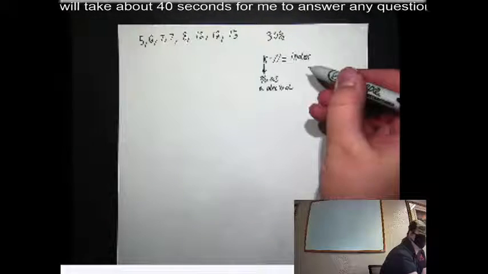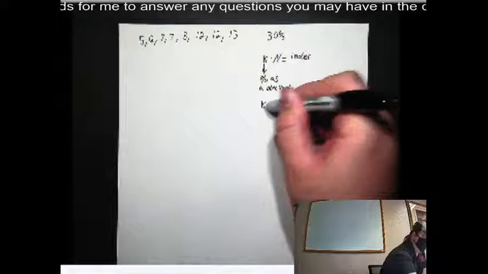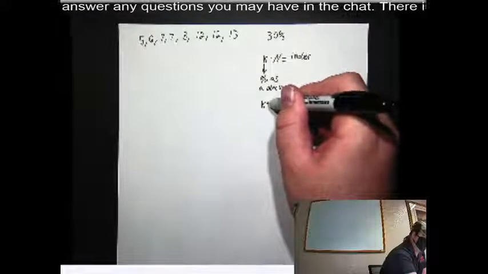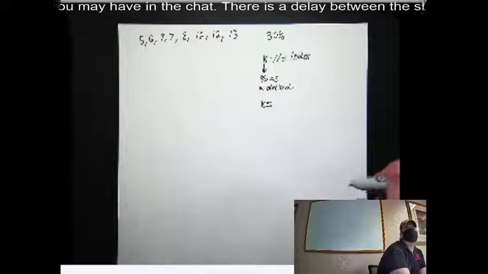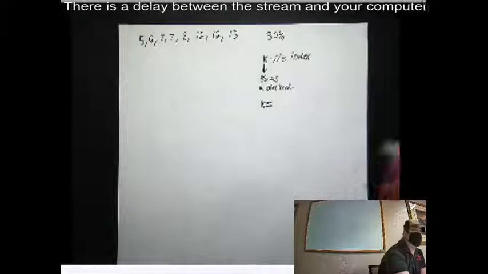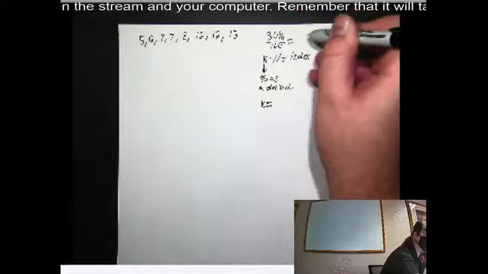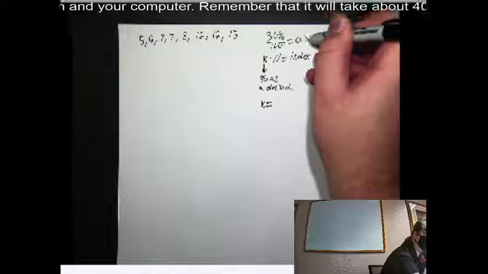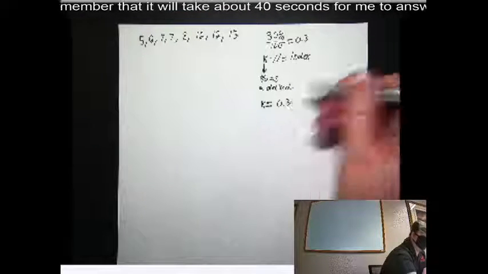So we do our k times n to get our index. So k, what is 30% as a decimal? 0.3. The way you find what it is you divide by 100. Okay, so k is 0.3 in this case.